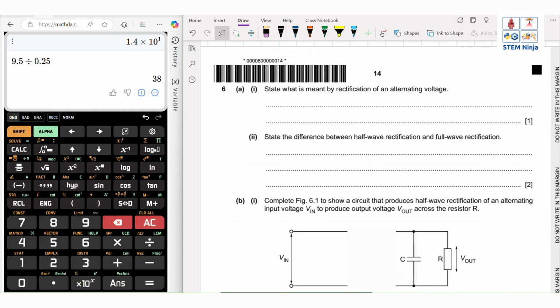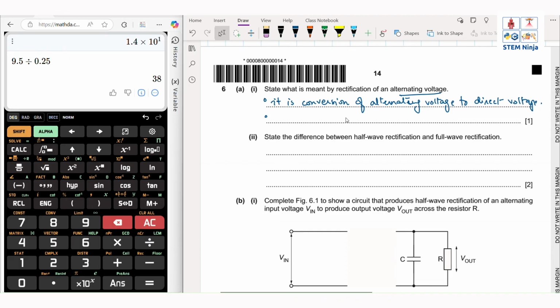State what is meant by rectification of alternating voltage. So basically, it's the conversion of alternating voltage to direct voltage.